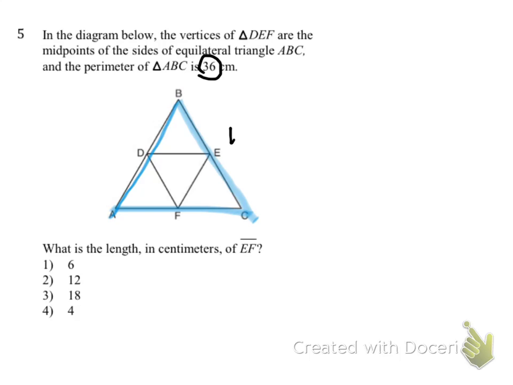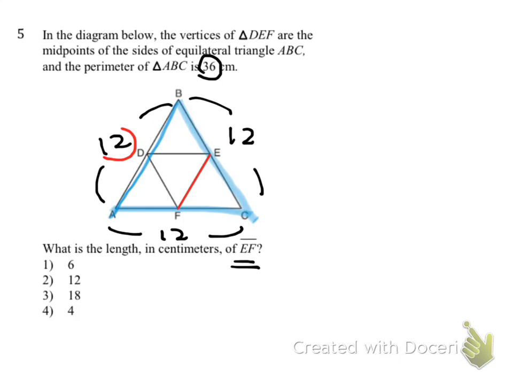That means each side must be 12, isn't it? Dividing 36 by 3. Then what is the length of line segment EF? Since EF is a mid-segment connected by the midpoints, it must be half of its base. So we get 6. So 6 must be our answer.